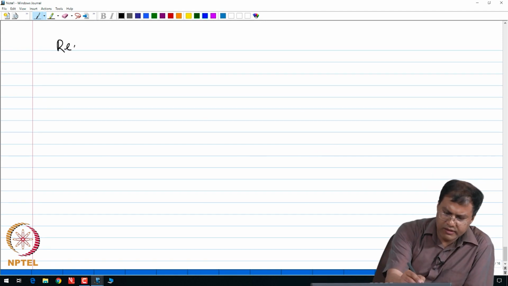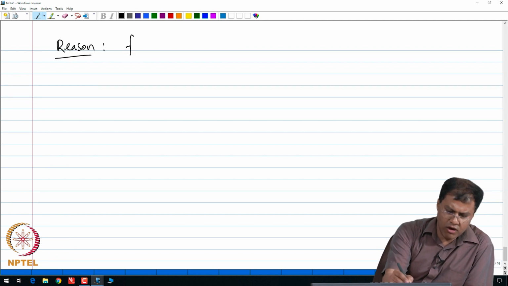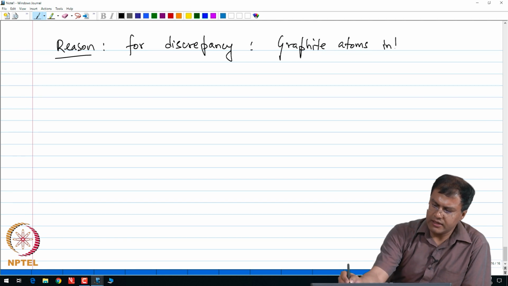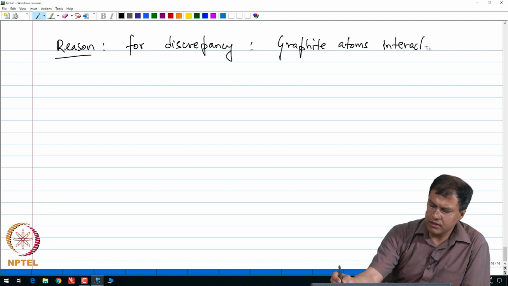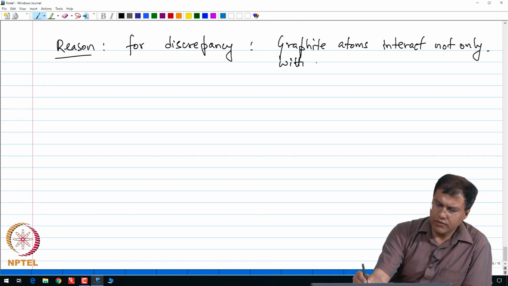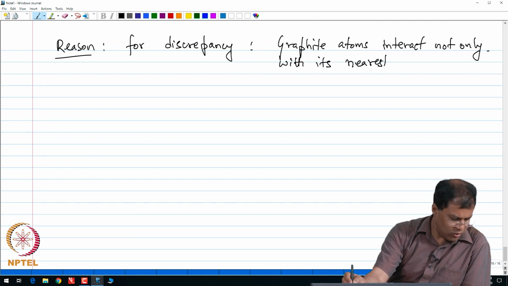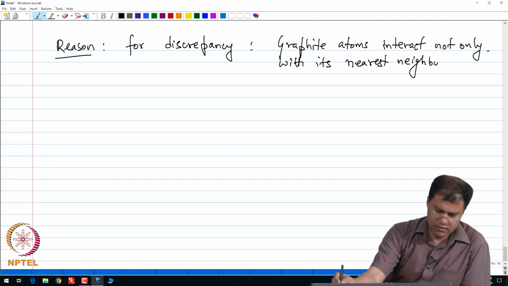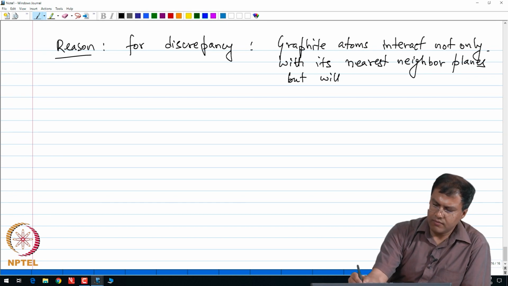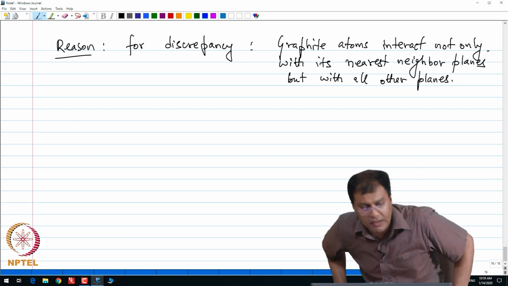So, the reason for the discrepancy is that graphite atoms interact not only with its nearest neighbor planes, but with all other planes.